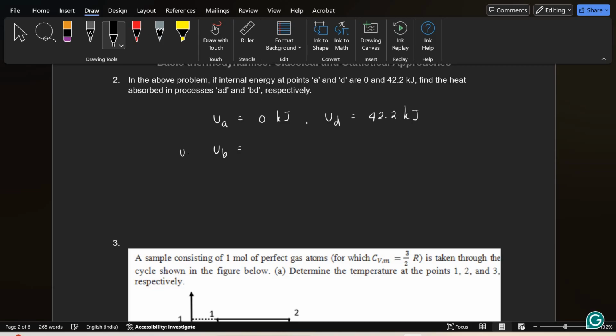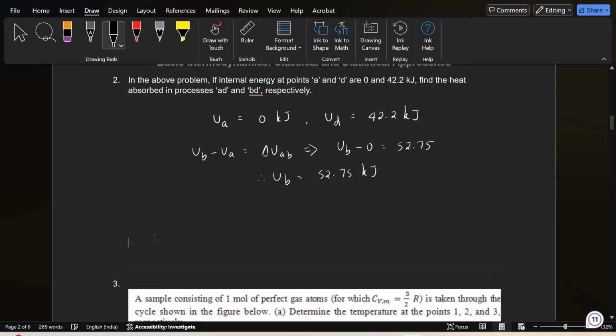We know from before that UB minus UA is equal to delta U AB, which is UB minus 0 equal to 52.75. Therefore, UB is equal to 52.75 kilojoules. So this part we are clear.